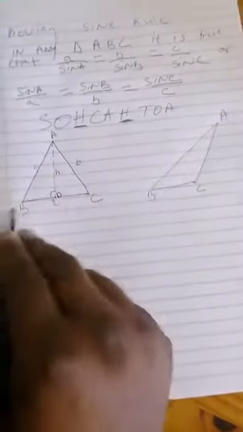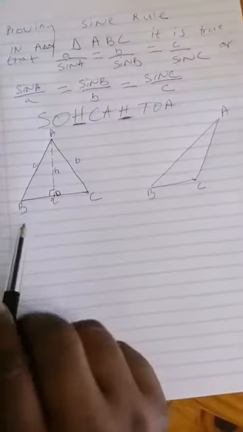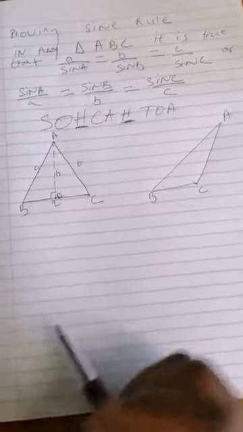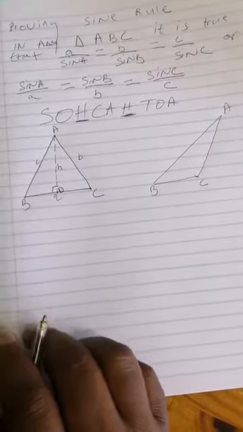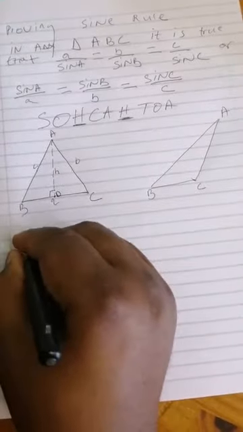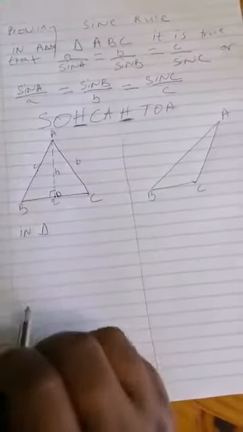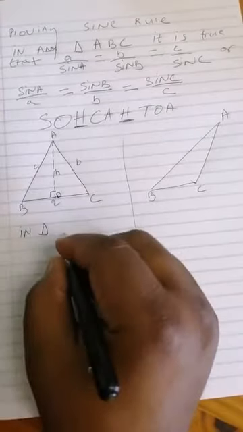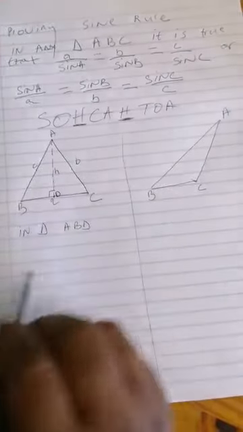a is the whole side BC, and D is the point where my height meets the base BC. Now let us look into triangle ABD, focusing on this side.